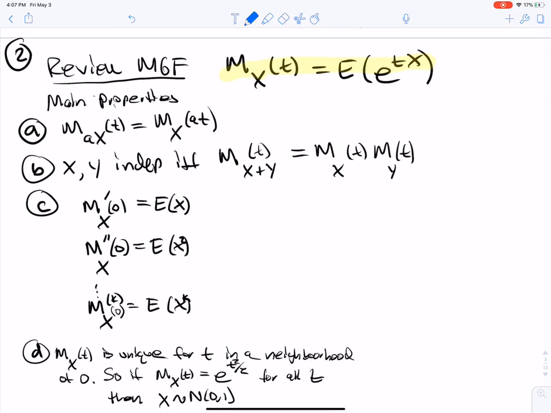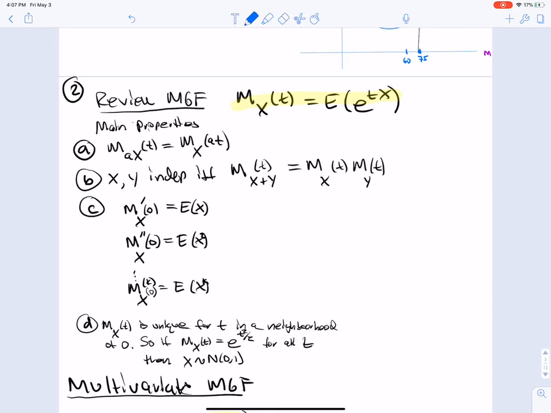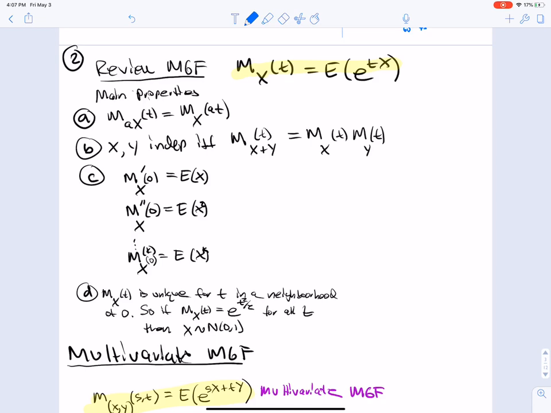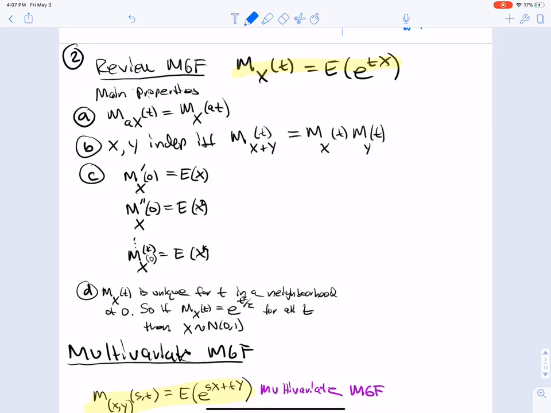So remember, the MGF is the expectation of e to the tX. It has many properties. We can bring the a down to get the MGF of aX at t, and that'll be the same as just the MGF of X at at.